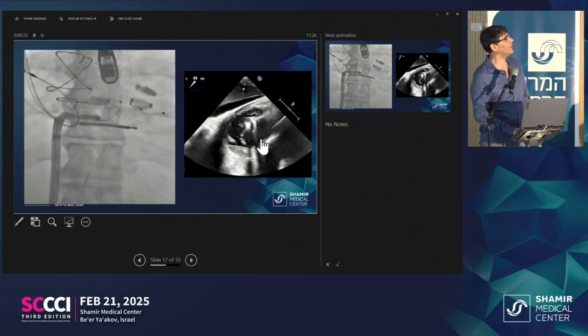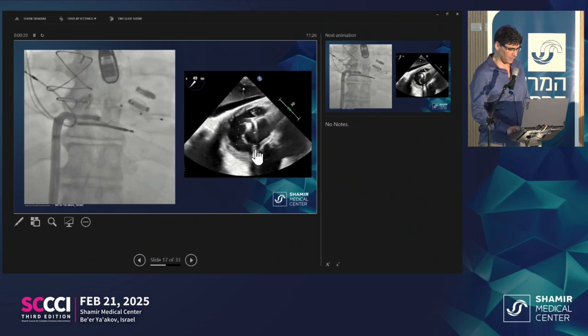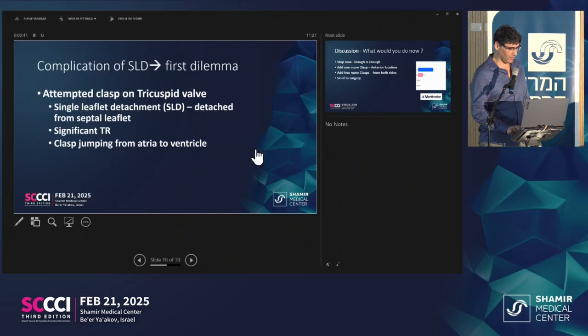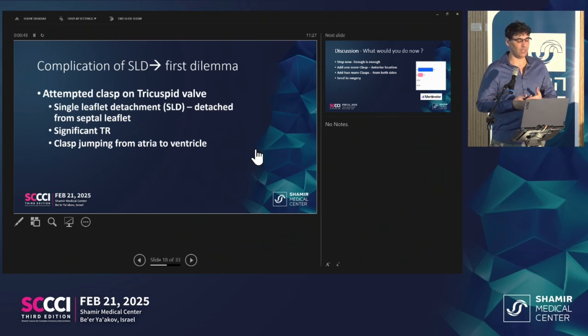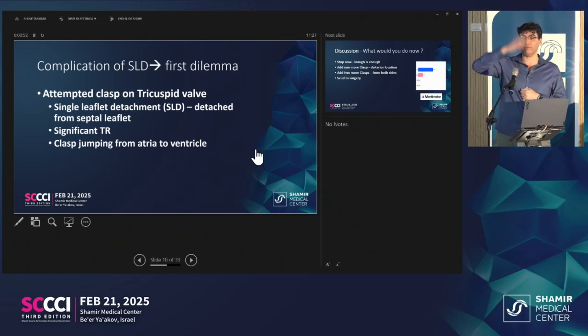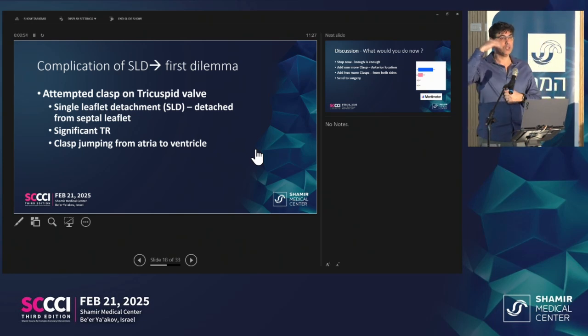You can see the clasp jumps up and down through the tricuspid valve. Now what we have is an attempted clasp on the tricuspid valve with a single leaflet detachment from the septal leaflet. We have a significant ER. We have a clasp jumping up and down from the RV to the RA.